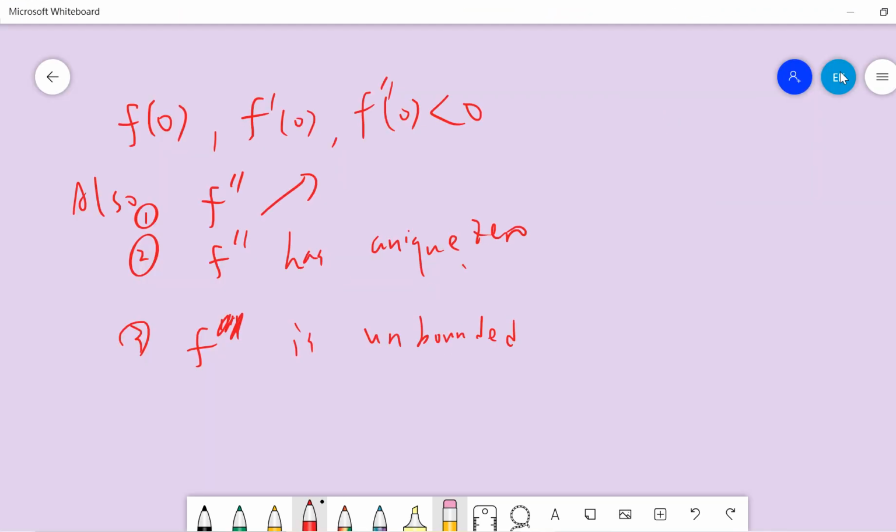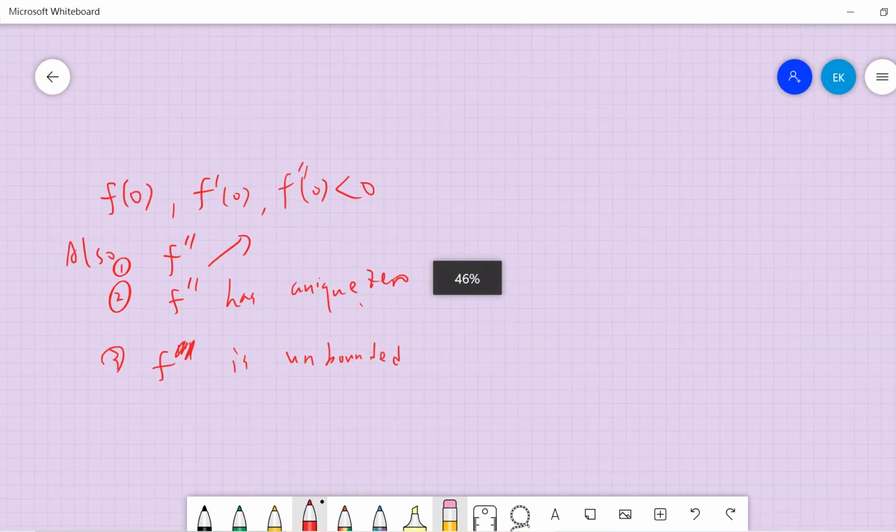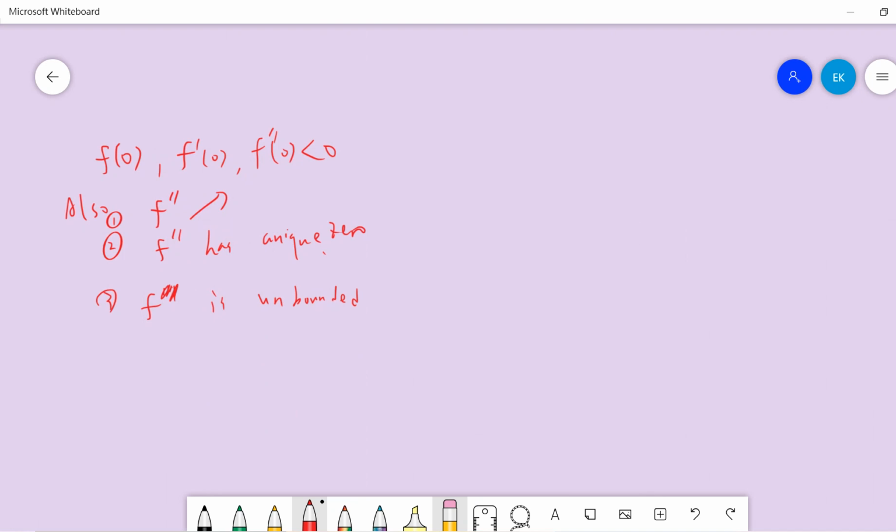Okay, so the difficult part is we need to use all of this information to get the information of f. So basically, in order to get a feeling, we can view f' like this: suppose it basically is negative, but it's unbounded, so it will go to infinity, and then it will only have one zero.